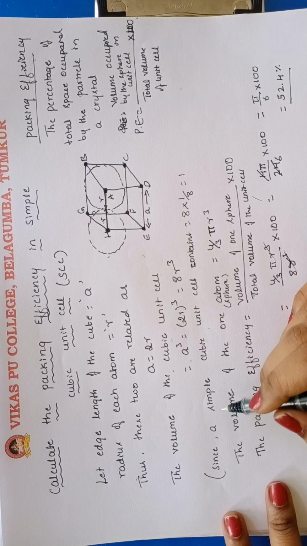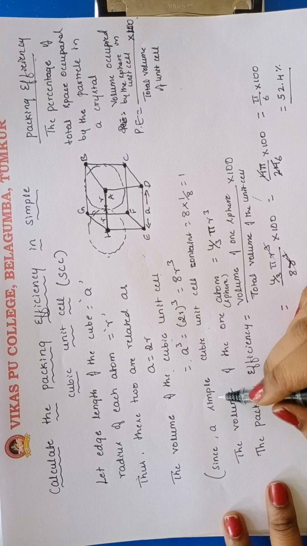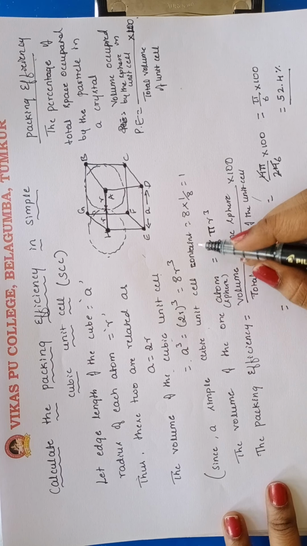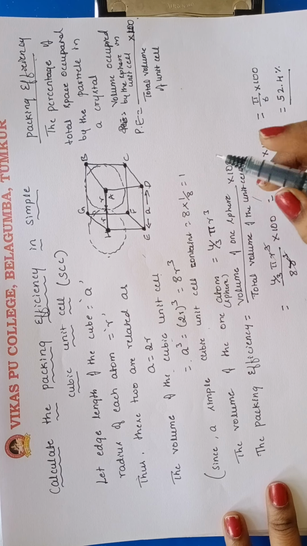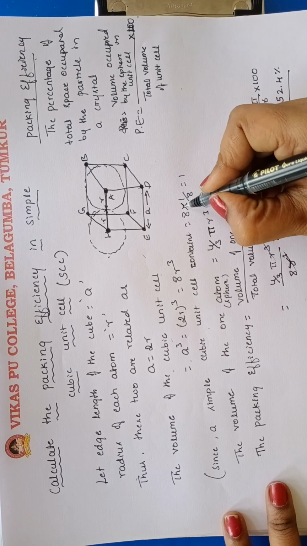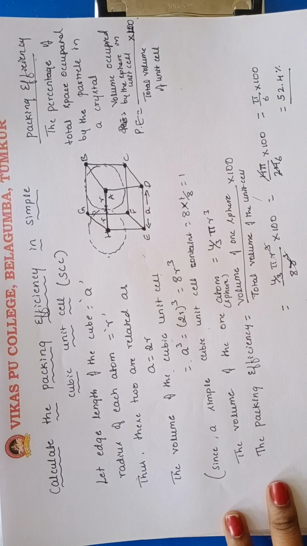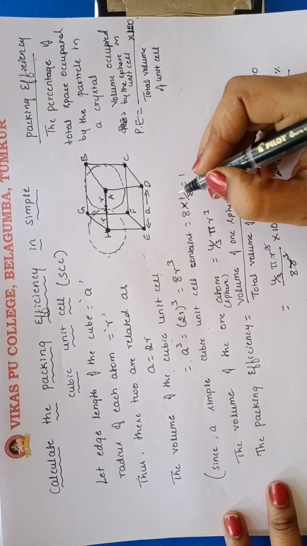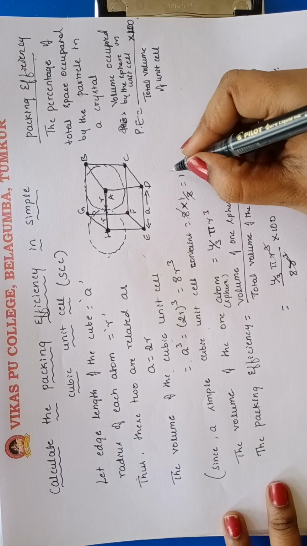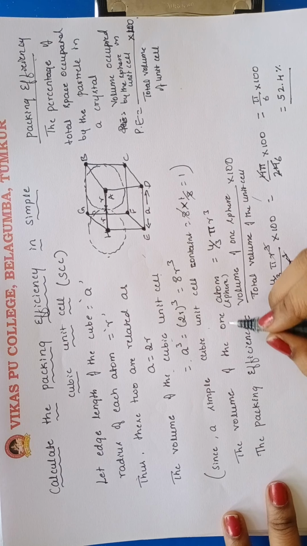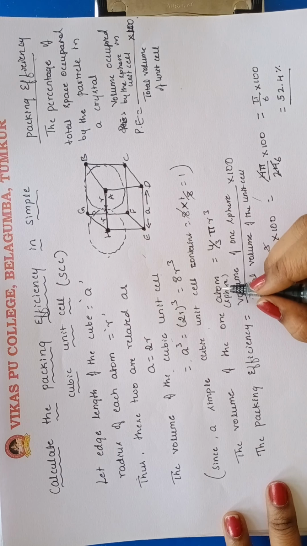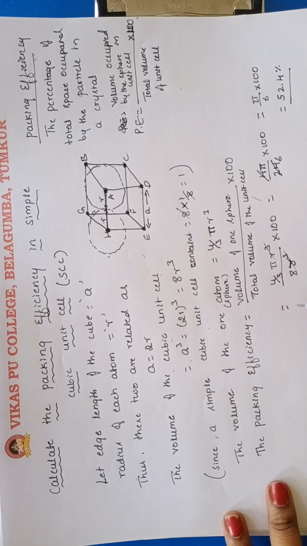We know that we already calculated the number of particles. A simple cubic unit cell contains 8 particles at the corners, each shared by 1 by 8 to each unit cell, so we get 1. Then the volume of one atom or sphere is 4 by 3 pi r cube.